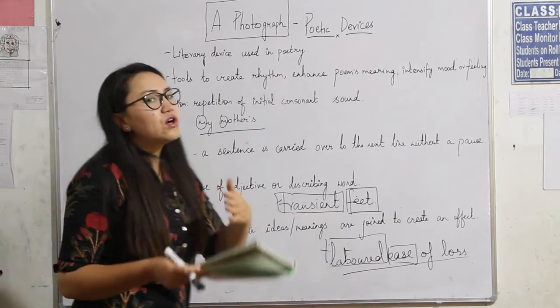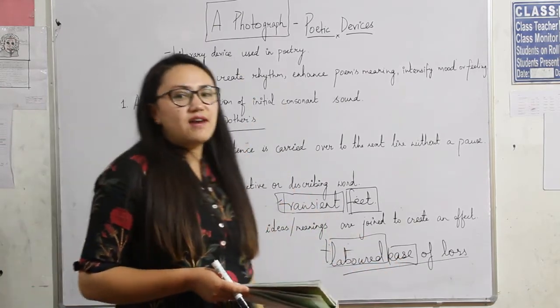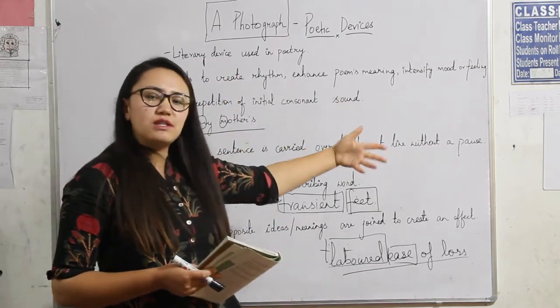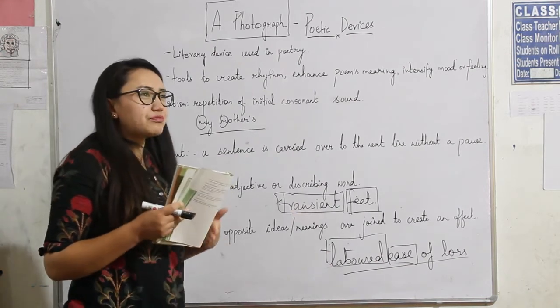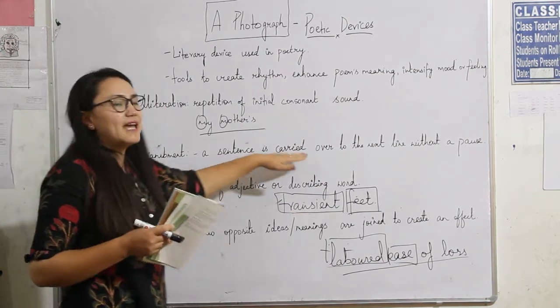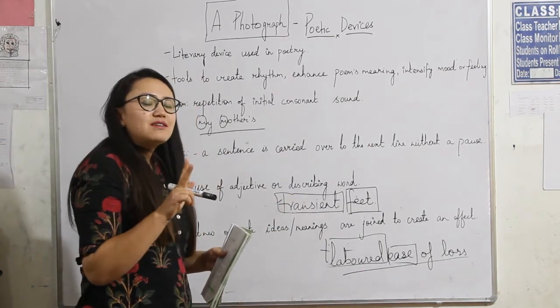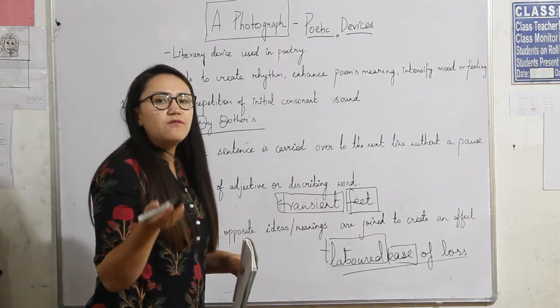So overall in this poem you have come across 4 poetic devices. The first is alliteration, which is repetition of a consonant sound. Then enjambment, which is when a sentence is carried over to the next line without a pause. That means the meaning of the sentence is completed in 2 or more lines, but without any use of pause.